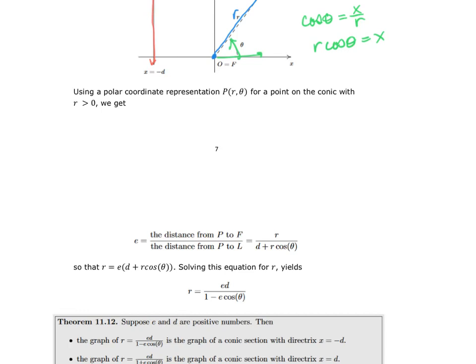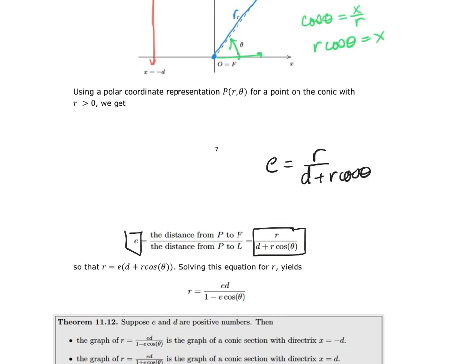That gets us to this equation right here, which is E, eccentricity, is equal to r divided by d plus r cosine theta.